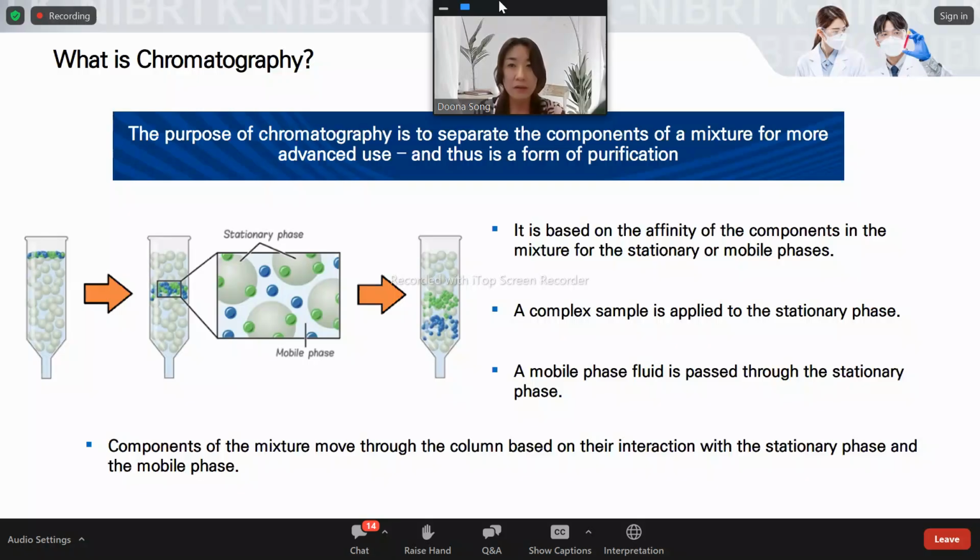The small beads are the stationary phase called resin, and the liquid is the mobile phase called buffer. As the mixture or sample passes through the column, each component interacts differently with the beads and the liquid, which causes them to separate.